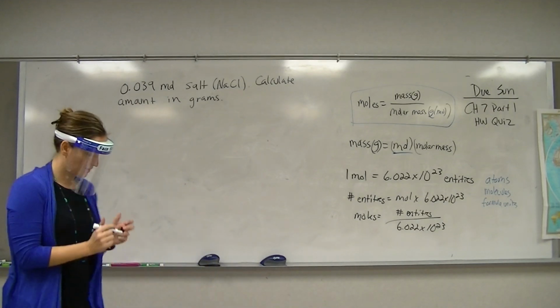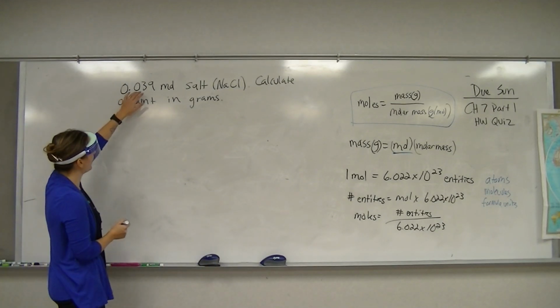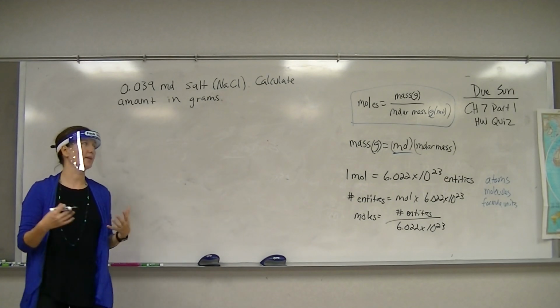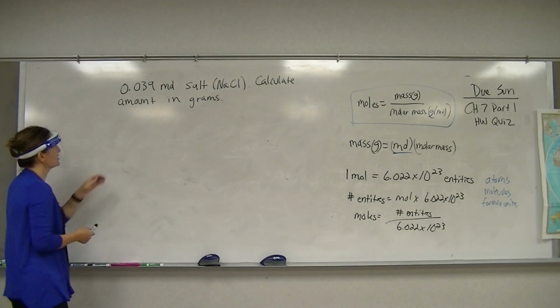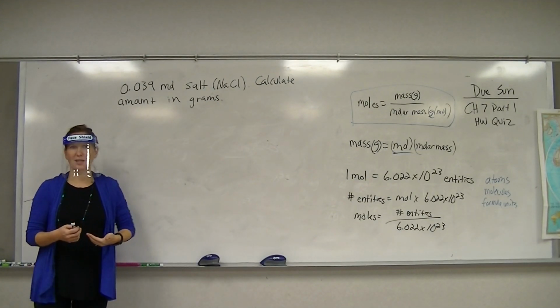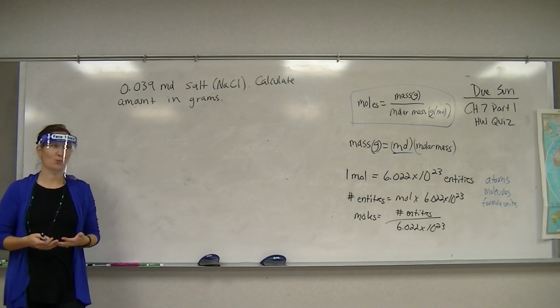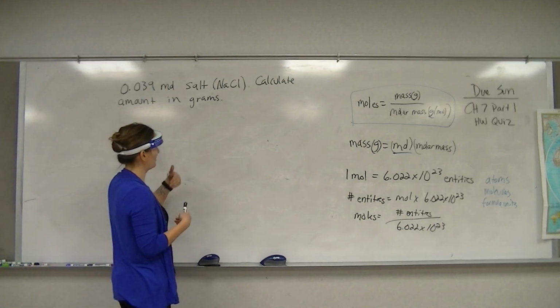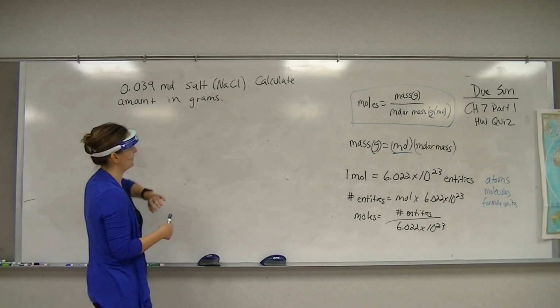The American Heart Association recommends that you should only have 0.039 moles of salt, table salt, sodium chloride per day. So what we're going to do is take this molar amount and calculate how many grams that is. Because obviously when we're eating salt on a daily basis, we're not looking at the molar amounts we're eating. We're looking at the mass amounts, the gram amounts, milligrams, grams, so on and so forth.